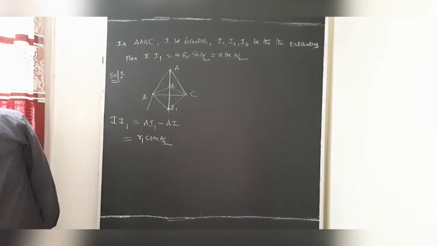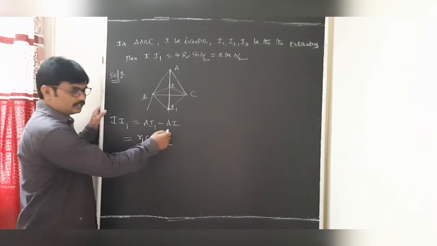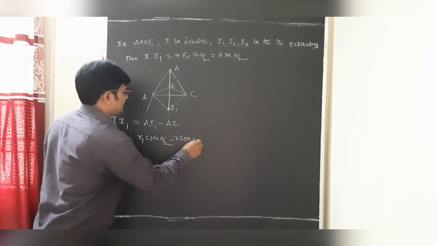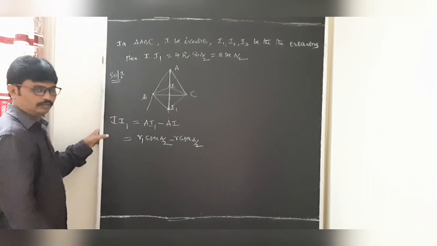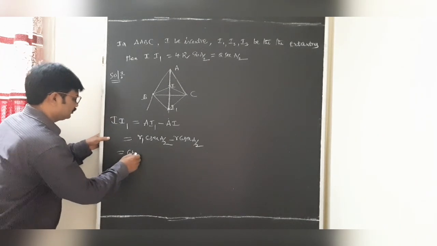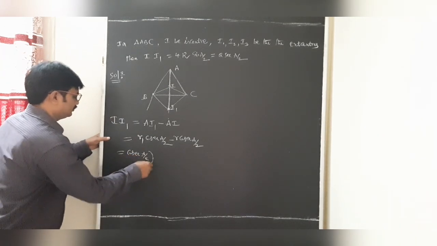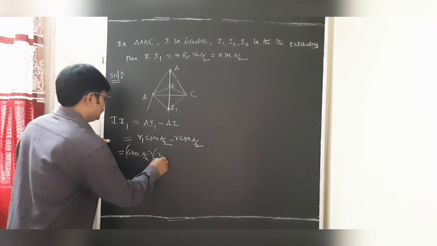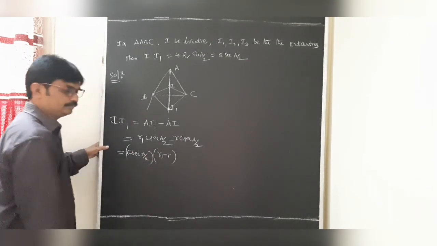My dear students, AI is r cosecant A by 2. So cosecant A by 2 is the common factor. So students, here it is r1 minus r.